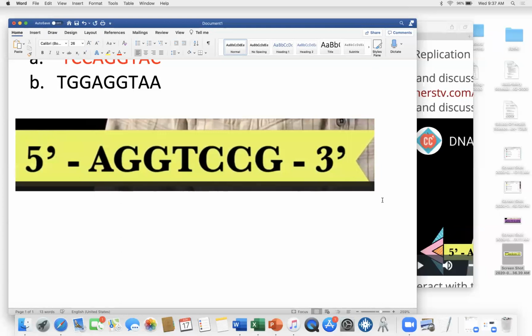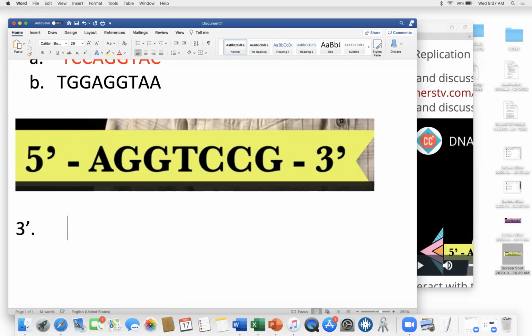Okay. So the first thing I'm going to do is I'm not going to worry about the direction yet, right? But heck, I'll even put the direction. I know if this is going from 5' to 3', the matching strand has to be going the opposite direction. So it has to be going from where? 3', and then all the way over here would be 5', right?